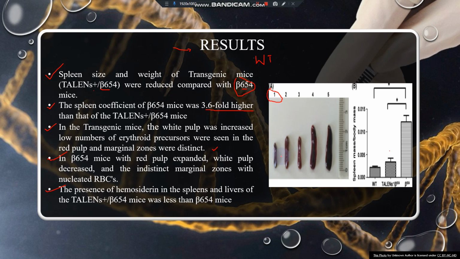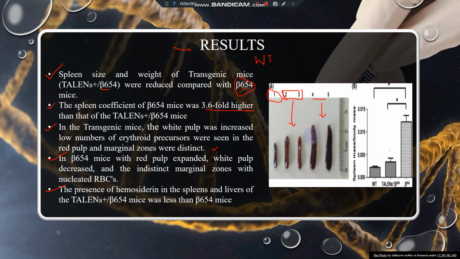The first figure is for the transgenic mice that contain TALENs and the beta thalassemia sequence. The second and third figures are for the wild type mouse. The fourth and the fifth figures are about the beta thalassemia mice.